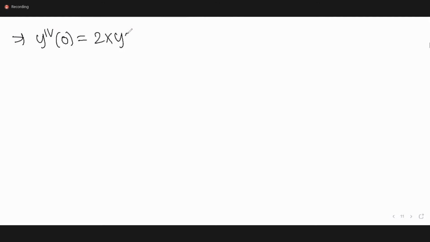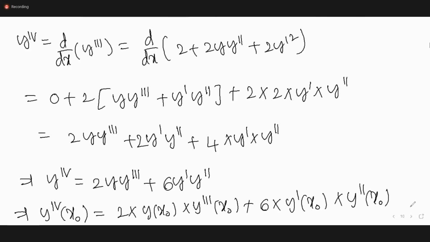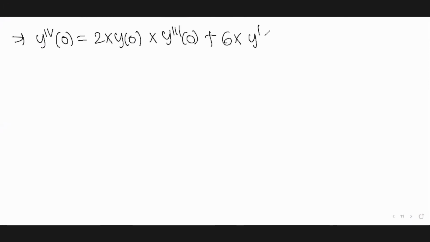2 into y triple dash of 0 plus 6 into y dash of 0 into y double dash of 0.